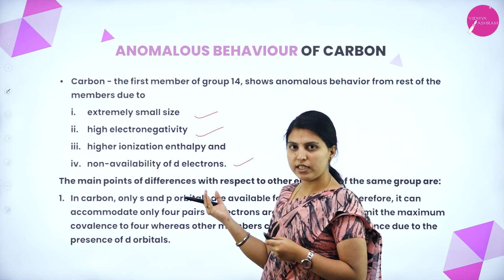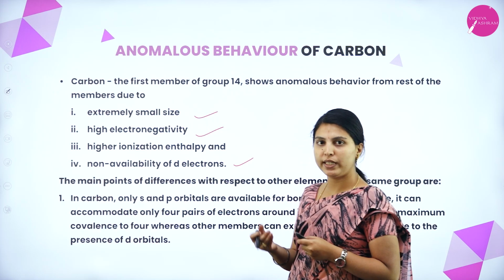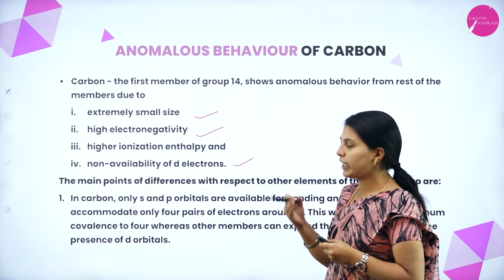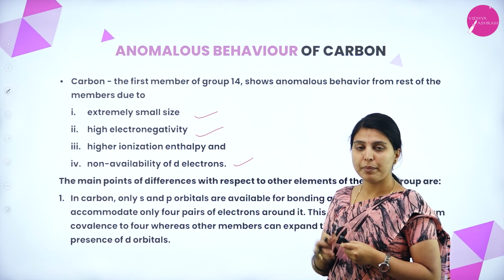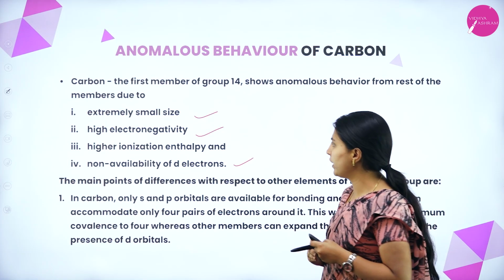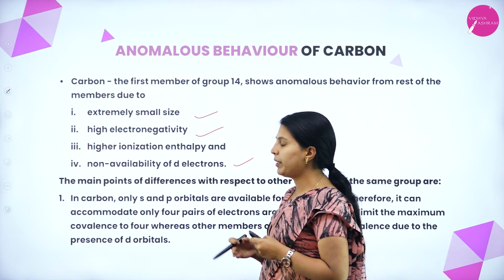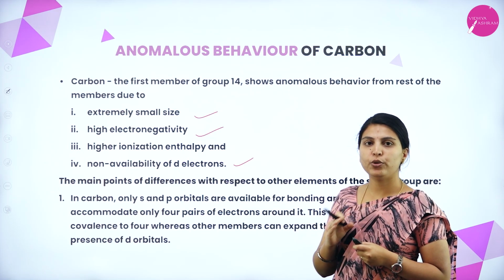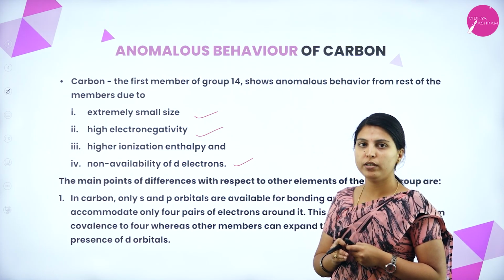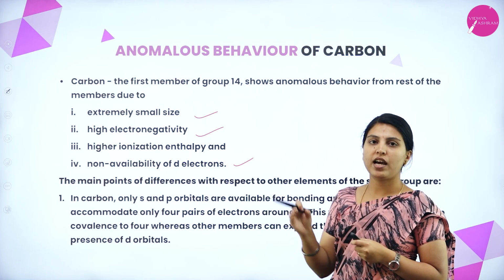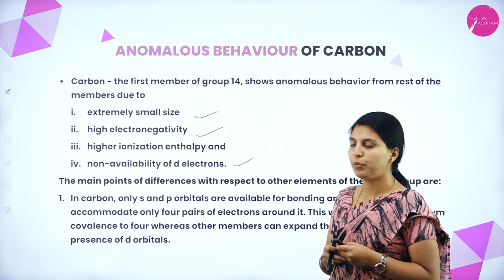So, extremely small size will be there. As we go down the group, size will increase and electronegativity will decrease, but the first element will have more electronegativity and higher ionization enthalpy. In the first element, no d electrons will be involved. So, due to these reasons, carbon will show some anomalous properties.